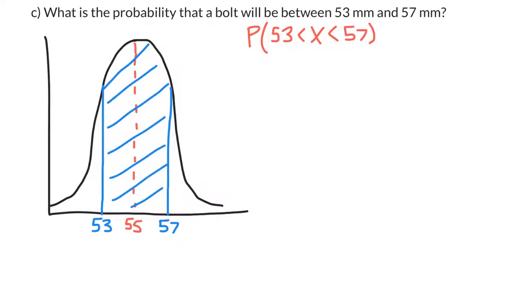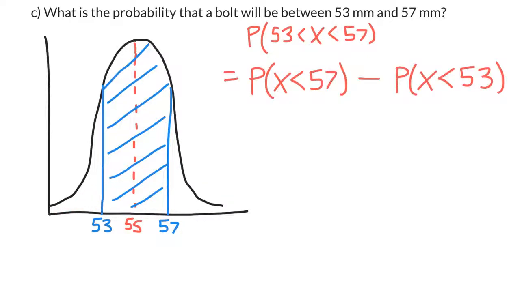And the probability that x is less than 53 starts here and goes back to the left. So I need to find the probability that the length is less than 57 and subtract the probability that the length is less than 53. And that will give me this area just in the middle, in between 53 and 57.